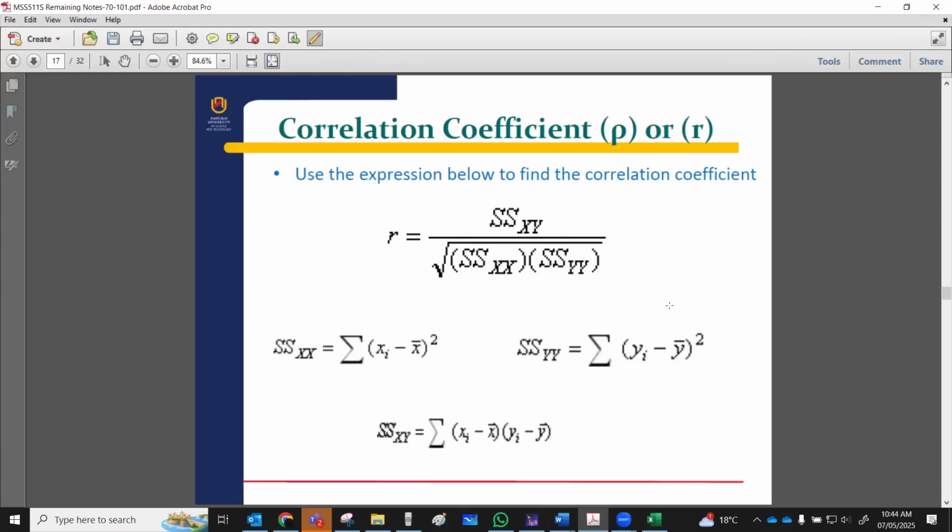But we have a formula over here. This is a formula that you need to remember, and it's not that difficult to remember. We have SSXY, so we say each X minus the mean, each Y minus the mean, you multiply them, and add them together.